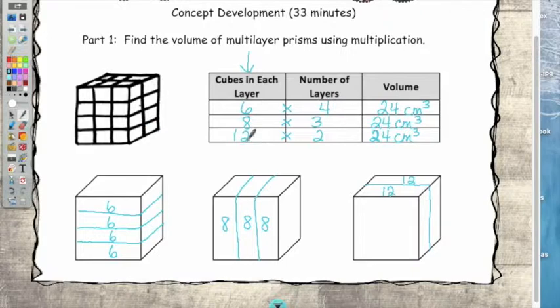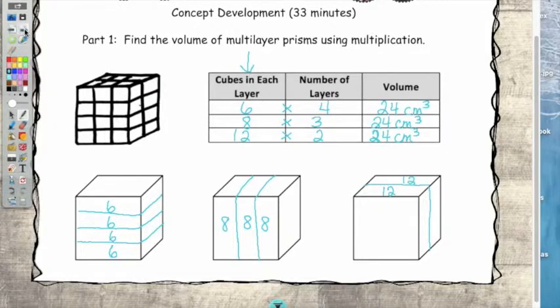The 12 is actually 4 groups of 3 or 3 groups of 4. Okay? So this has 3 measurements. We're just doing one set of measurements in our head. That's the lesson today. We're going to figure volume by just doing one of the faces times the other number.